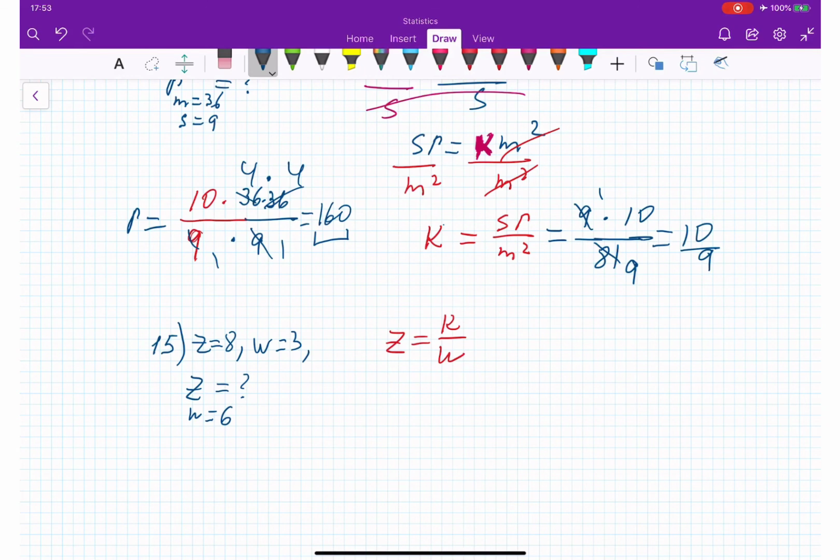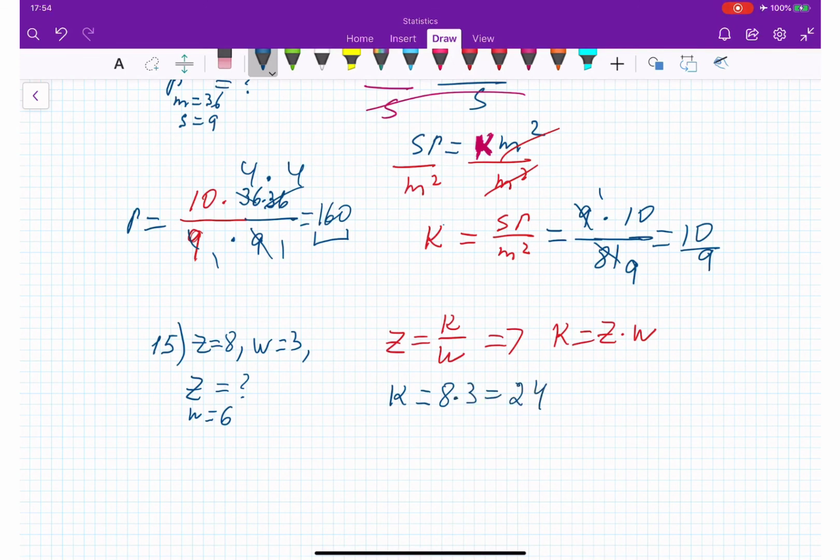Okay, again, so what do I have? Z is equal k over w. So from here, my k is equal z times w. Okay, so k is equal, z is 8, w is 3, I'm getting 24.